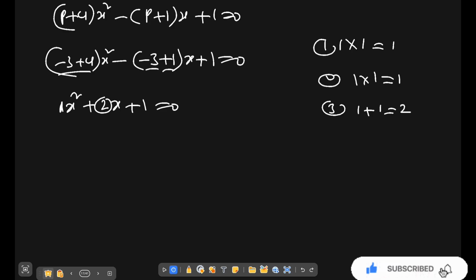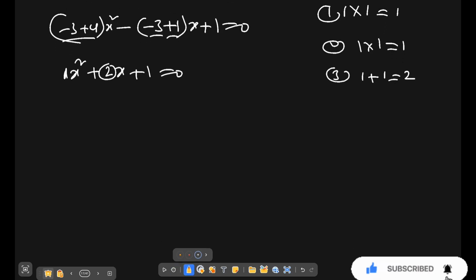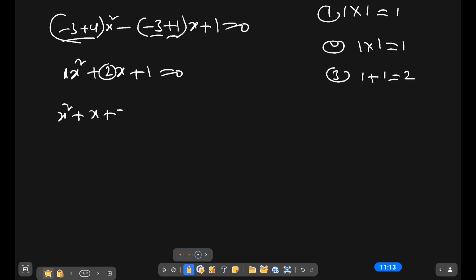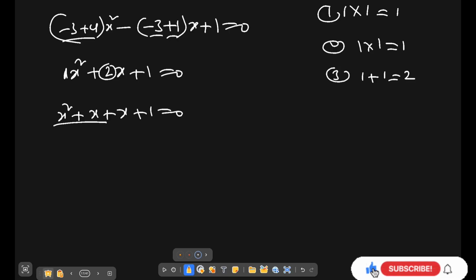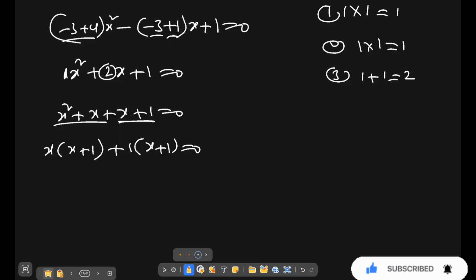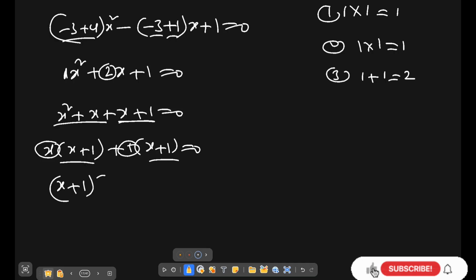So rewrite 2x as 1x plus 1x. x square plus 1x plus 1x plus 1 equals to 0. From the first two terms we can take x common, x plus 1. Now from the next two terms let's take only 1 common, x plus 1 equals to 0. If we take x plus 1 common again, we will have x plus 1 into x plus 1 equals to 0.